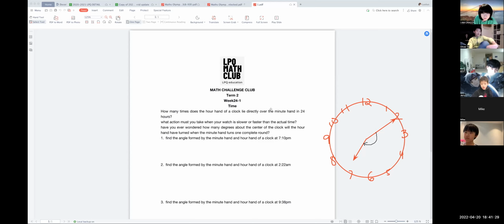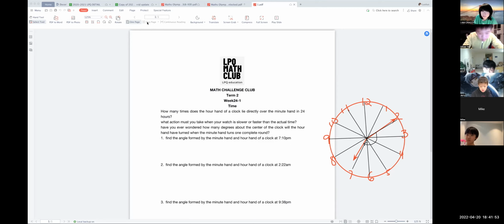So I'm going to cut this whole clock into 12 parts. Do you still remember I do this one? No, it's ugly. Is it correct, everybody?